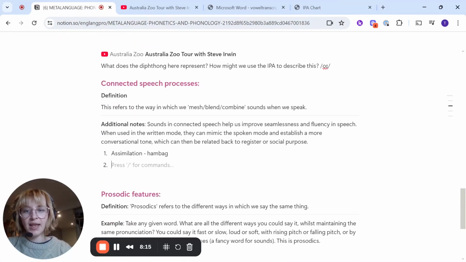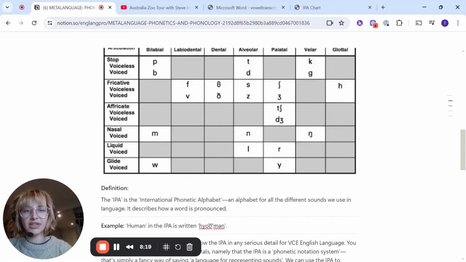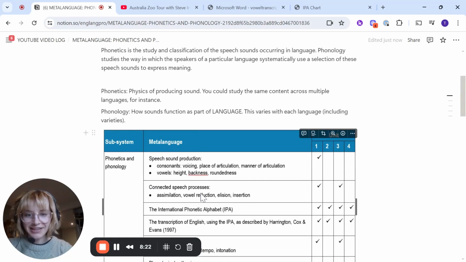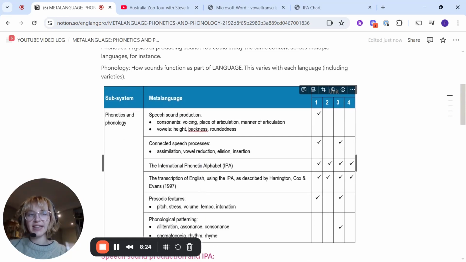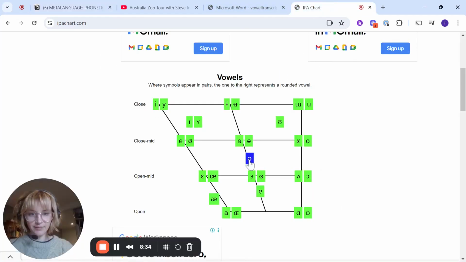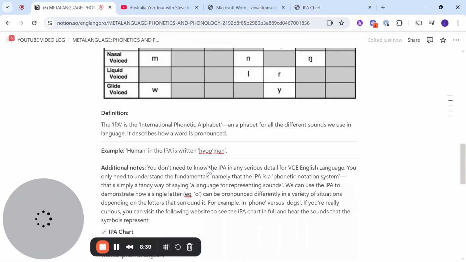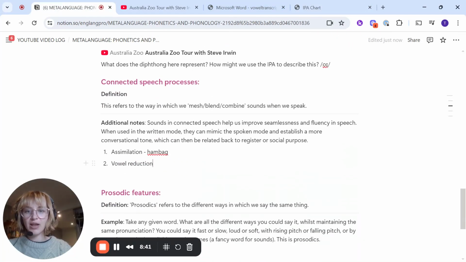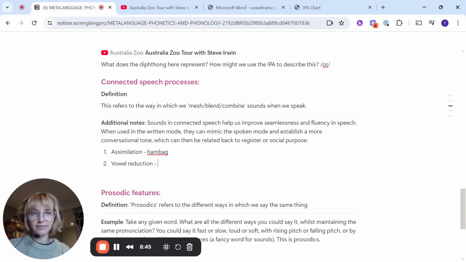Handbag. Number 2, vowel reduction. Vowel reduction is when we reduce a vowel sound to the center of our mouth. And if you remember, I mentioned just before, that's this sound. The schwa sound. So, for example, instead of saying the, we say the, and that's a schwa.